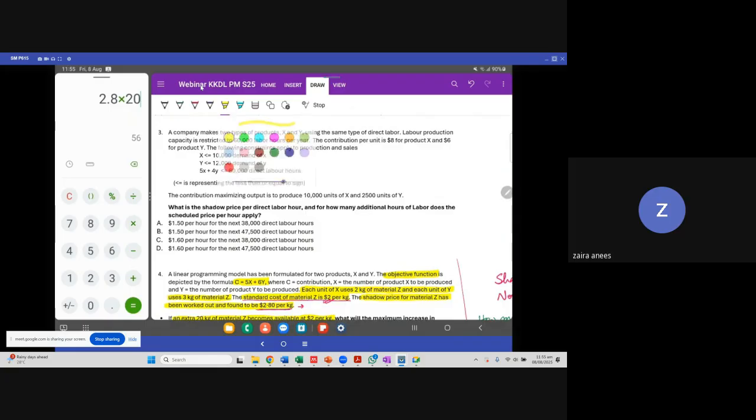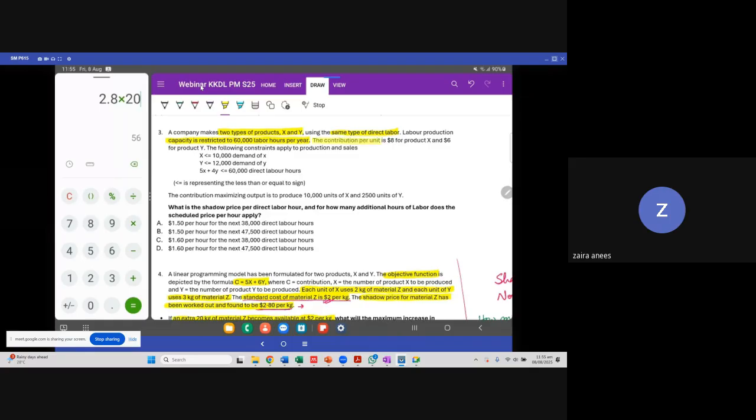A company makes two types of products, X and Y, using the same type of labor. Labor production capacity is restricted to 50,000 labor hours per year. So labor is obviously the scarce resource.